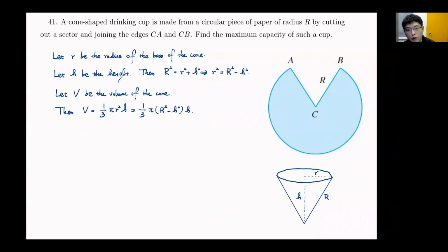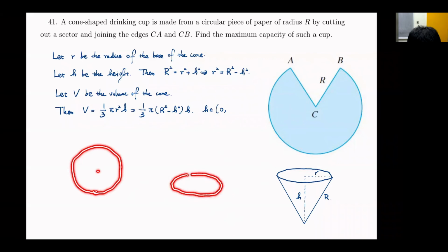Okay, let's figure out the range of h. First, my h has to be strictly greater than 0. And indeed, you could say that h can take 0. When h equals 0, what you get is simply this circular paper regarded as a cone with 0 height, but we certainly do not want this case.